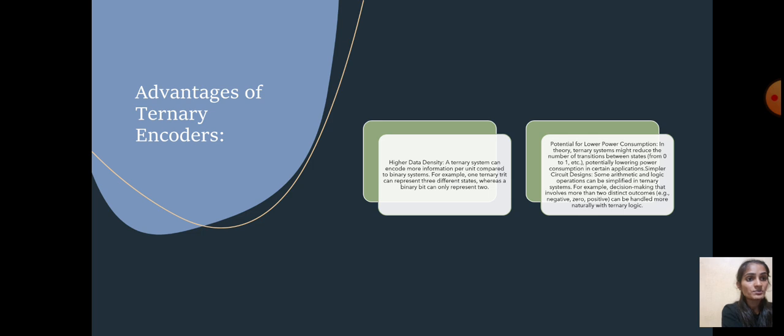Ternary systems may reduce the number of transitions between states, lowering power consumption in certain applications. Simpler circuit gates: some arithmetic and logic operations can be simplified using ternary systems. For example, decision making that involves more than two distinct contexts can be handled more naturally with ternary logic.